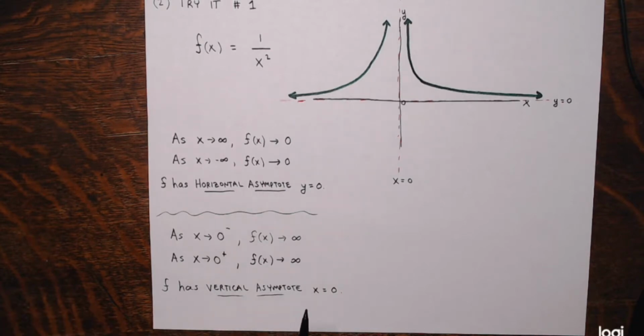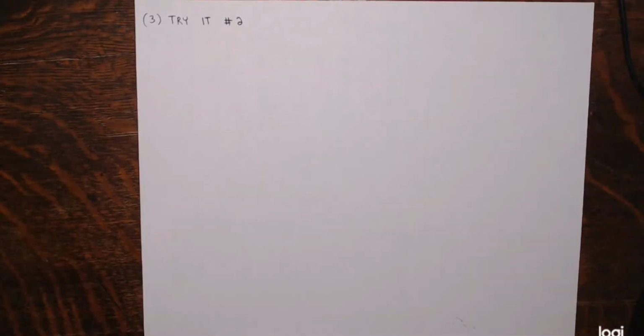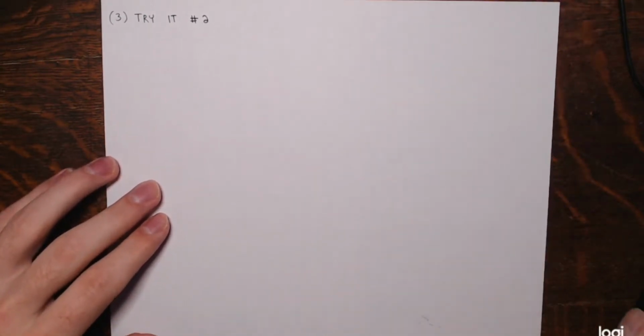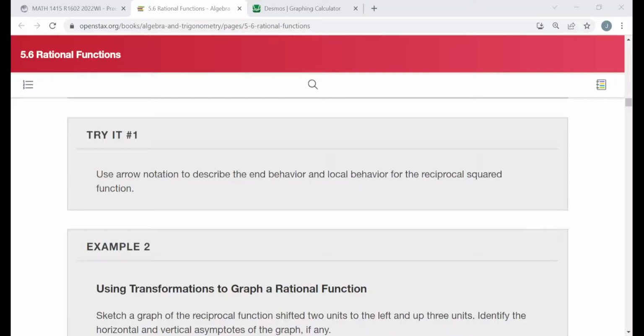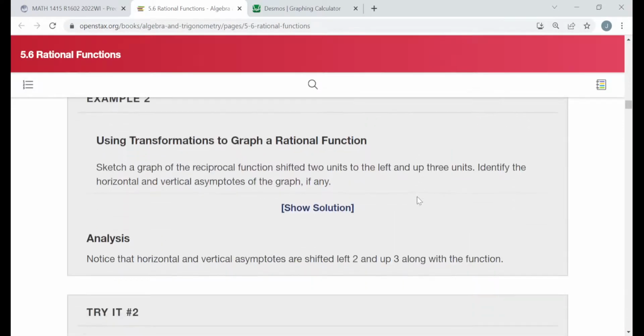Alright. And I just got one more example here. I'm hoping that seeing a few of these helps you when you're using arrow notation yourself. I just want to do the very next try it problem in the text. Try it number 2. So you got another example to read if you want to try that one.